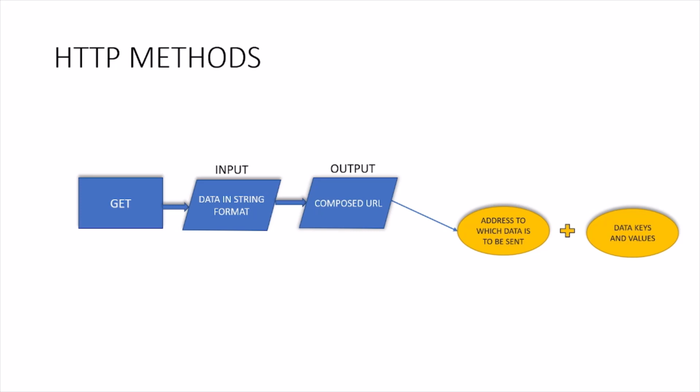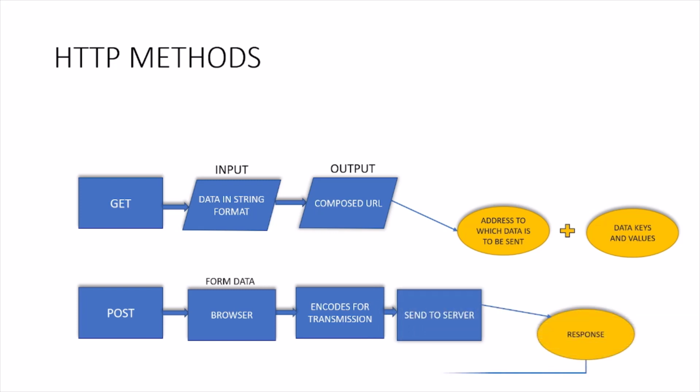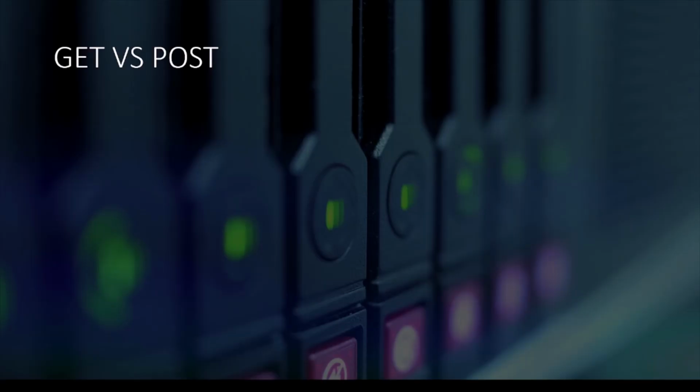In short, data sent through the get method, or the get request, is appended to the URL. Now talking about the post method, this method takes as input from the browser form data. This data is encoded for transmission, sent to the server, which generates a response and sends that response back to the browser.